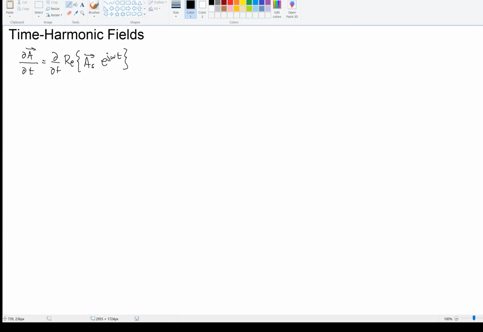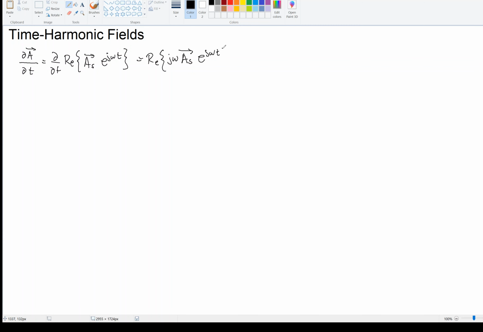Now I can bring the derivative operator into the brackets, and remember A sub s, the phasor, is not dependent on time, so I can bring the derivative operator all the way to the e to the j omega t. And of course, when I take the derivative of e to the j omega t versus time, the j omega comes down in front.